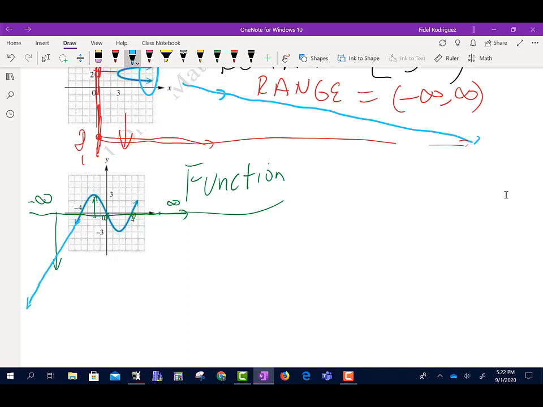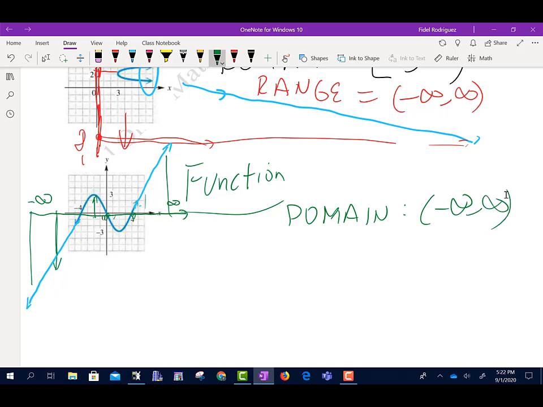I'm extending that line because I got those little arrows that tell me it does this forever and ever and ever. So if I were to be here, I'd hit the graph. Even if I were to go further out, I'd hit it. Over here, I'd hit it. And obviously, every point in the middle. So again, my domain is going to be from negative infinity to positive infinity.